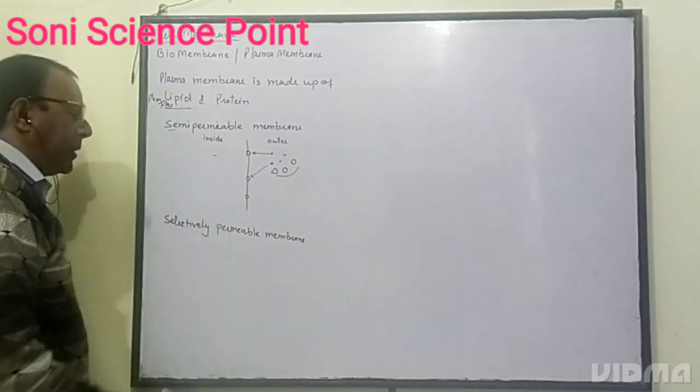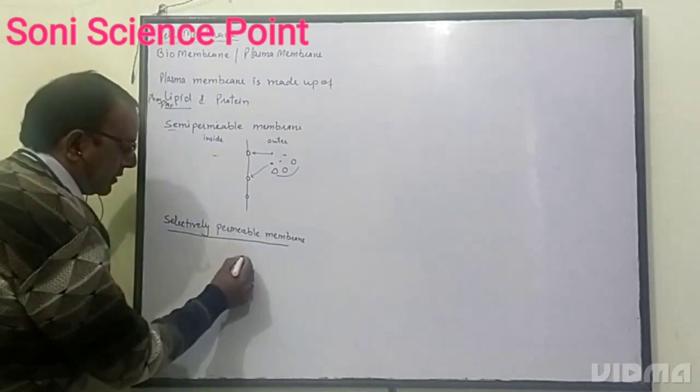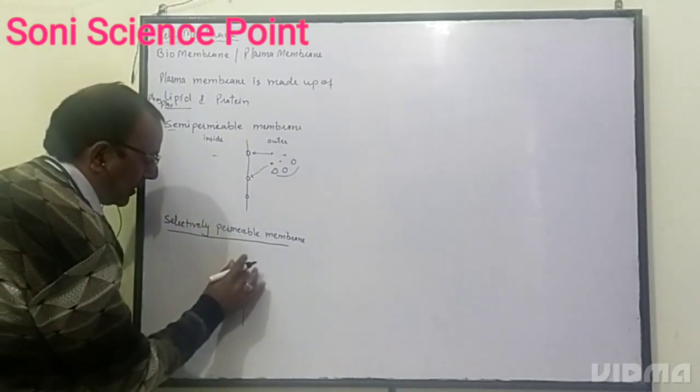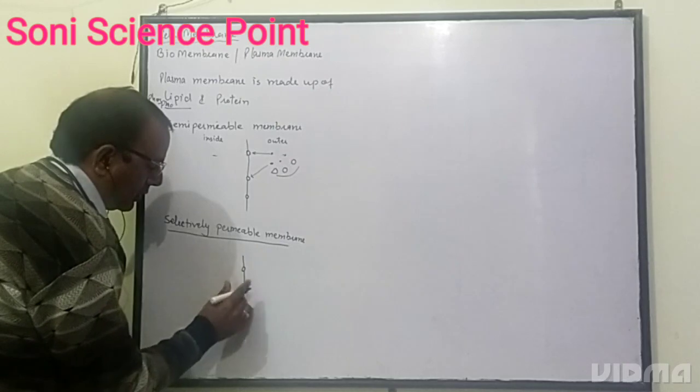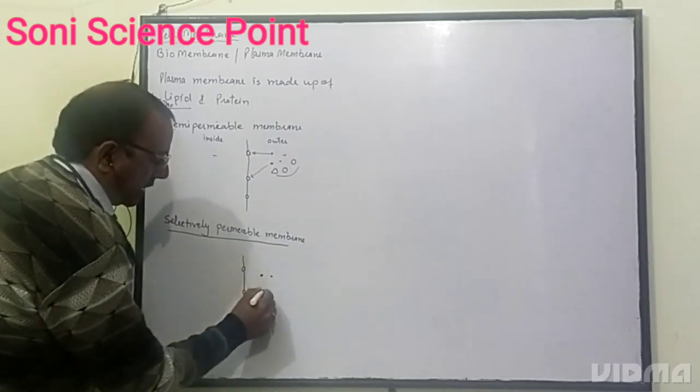But why is the plasma membrane called a selectively permeable membrane? Same as before, this is the plasma membrane, it contains pores, and the particles are here.